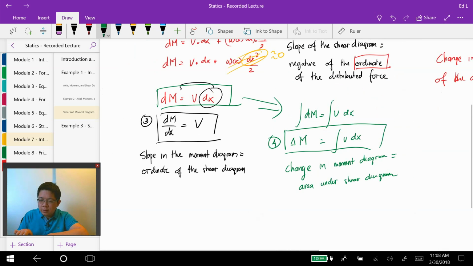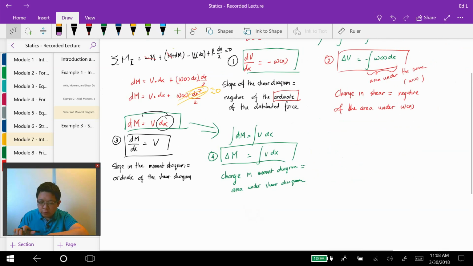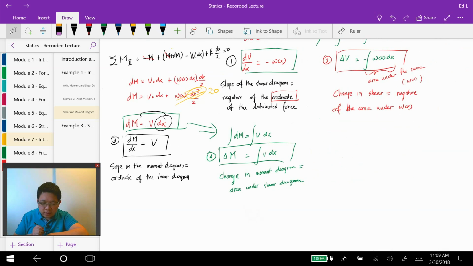And from these four rules, you already start to see why we need to be able to calculate the area under certain shapes, because here we need to calculate the area under the shear diagram, and here we need to calculate the area under the distributed force. All of these rules will be much clearer once we discuss an example problem.